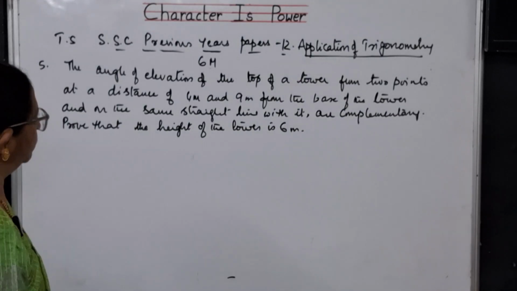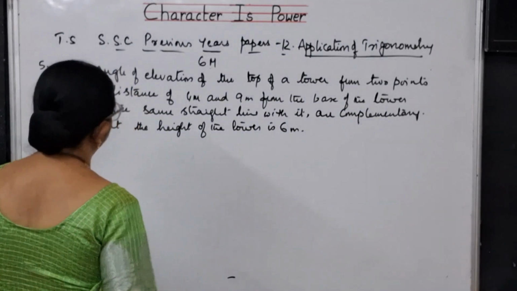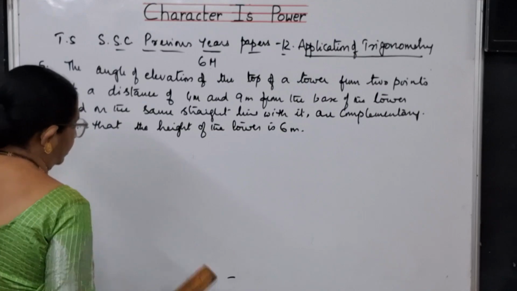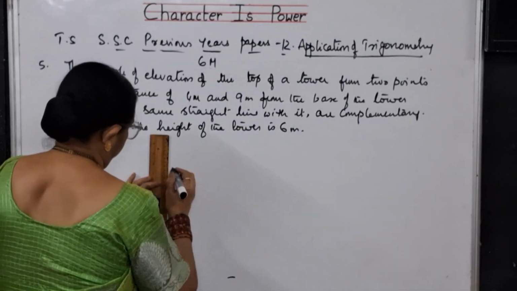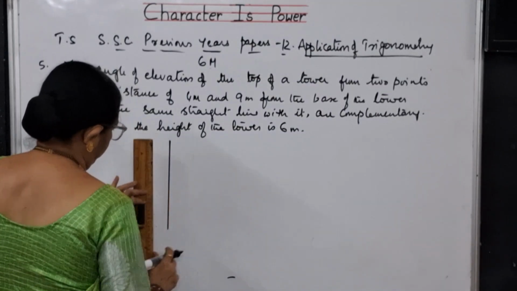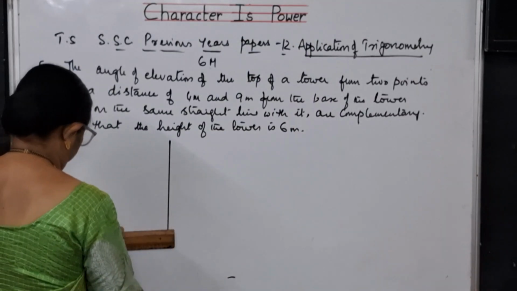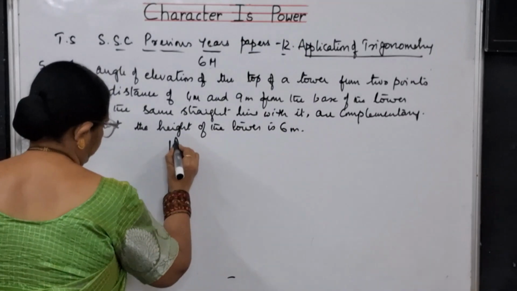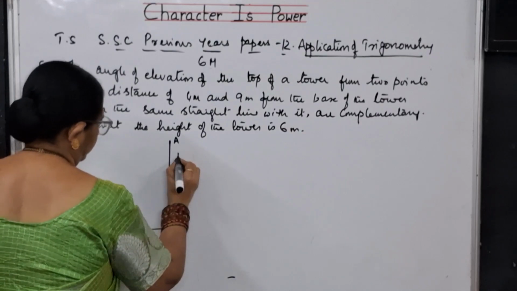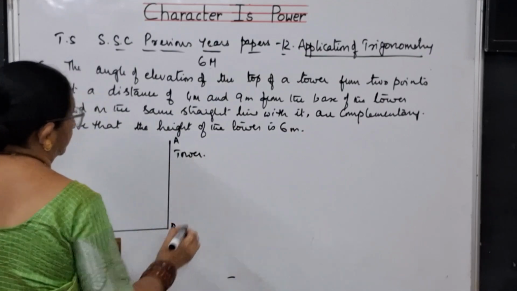The angle of elevation of the top of the tower from 2 points. There is a tower. So AB is a tower.